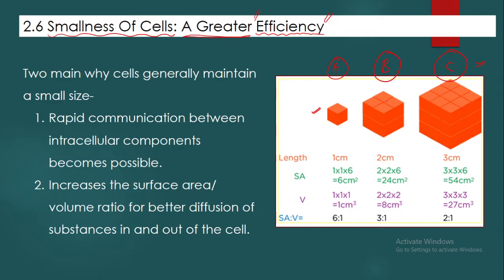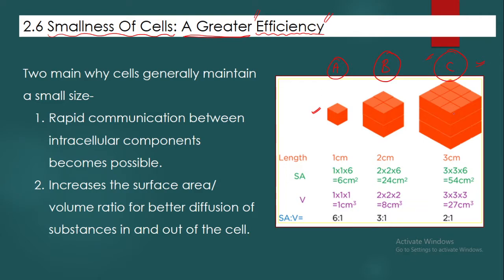You see, for the larger cube, cube C, look at the surface area. How are we going to know about the efficiency of a cell? A cell is an independent unit, capable of its own existence, the building block of life.